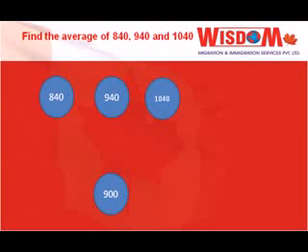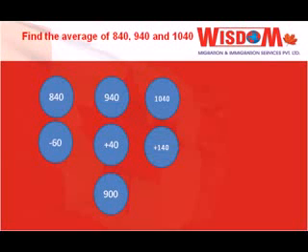So the deviation 840 will give from 900 is 840 minus 900, that is a negative 60. The deviation that 940 gives from 900 is a positive 40. The deviation that 1040 gives from 900 is a positive 140. So when I add all the deviations, what I get is positive 140 plus positive 40 minus 60, which is equal to a positive 120.